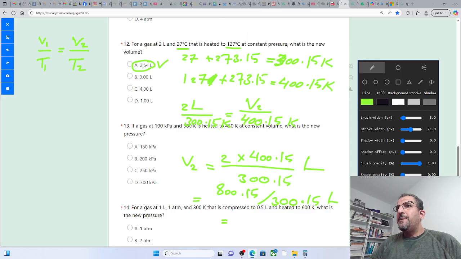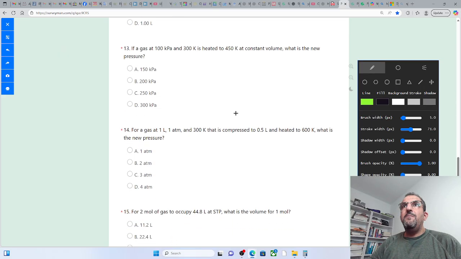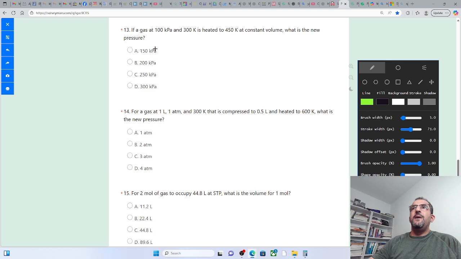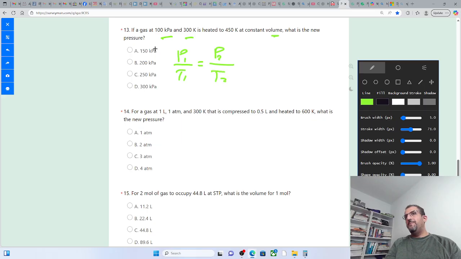Okay, that's pretty good. Now I will move to number 13, and for number 13, I have a relation between pressure and temperature. A gas at pressure 100 kilopascal and temperature 300 Kelvin is heated to 450 Kelvin at a constant volume. So the volume is constant. What I can do is this equation: P1 over T1 is equal to P2 over T2, initial pressure, final pressure, initial temperature, and final temperature.